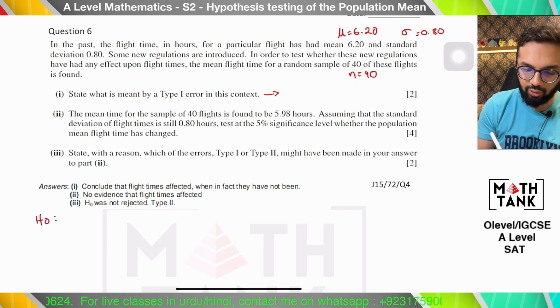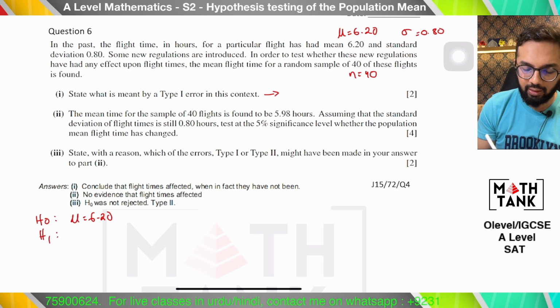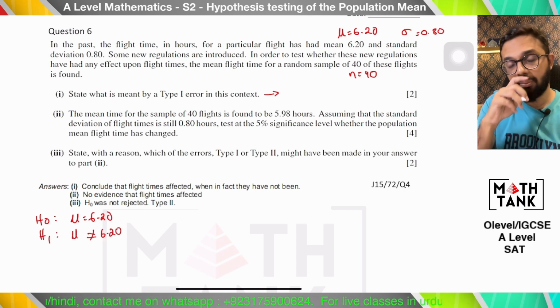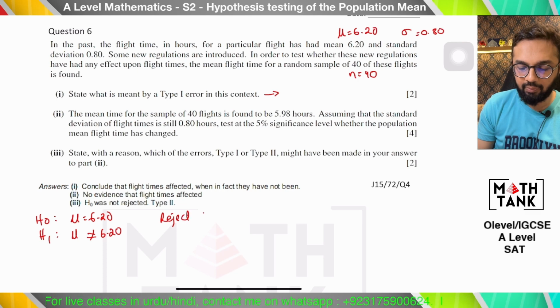So let's first write our H0 and H1 so that we know exactly what the question is asking. In order to test whether the new regulations have had any effect on flight time, I'm not giving you a direction, I'm just going to say that H1 is mu not equal to 6.20. So type 1 error is when you reject H0 when H0 is true.